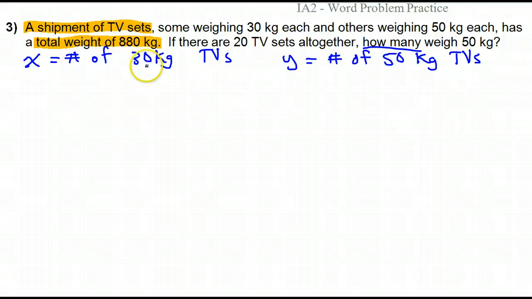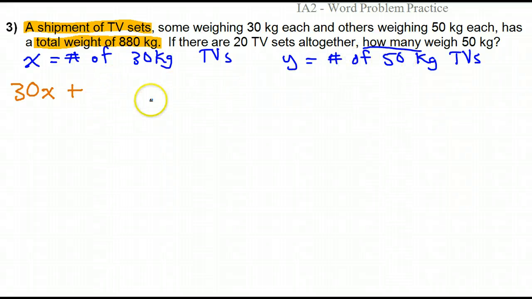So if X is the number of 30 kilogram TVs, then 30 times X should be the total weight of those TVs, okay? Because this is how many. If there are 10 of these, then it'd be 30 times 10. If there's 20 of these, then that would be 30 times 20. So this weight times how many, that should be the weight of that type of TV.